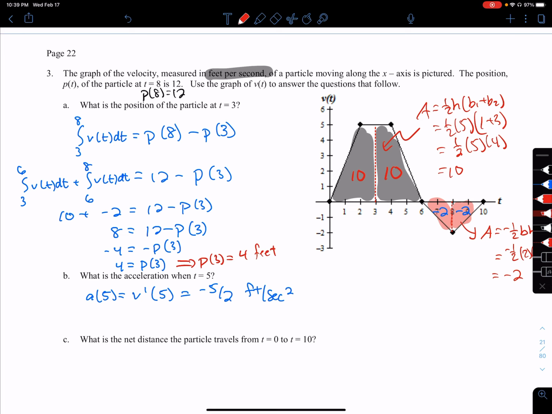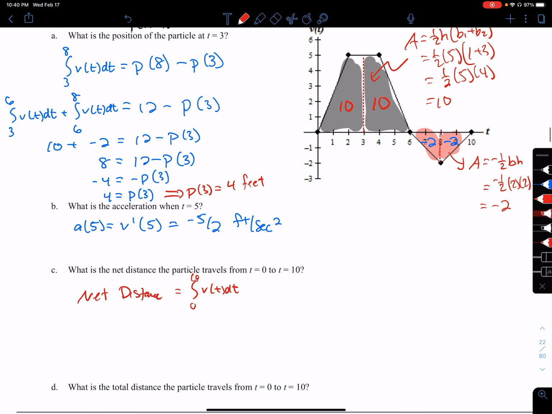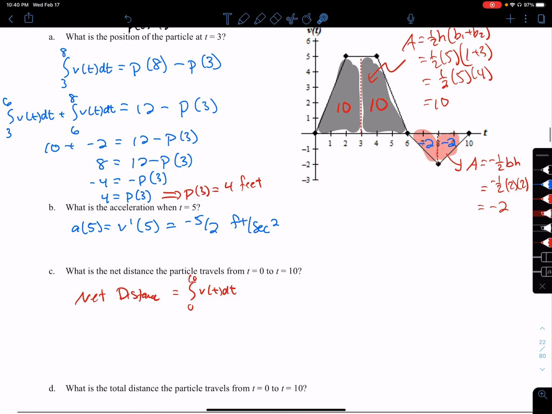C, what is the net distance the particle travels from 0 to 10? Well, to find net distance, we're going to integrate from 0 to 10 the velocity function. As opposed to total distance, we would take the absolute value. From 0 to 10, I could basically break this down from 0 to 6 and then 6 to 10, because this area is 20 and this area is negative 4.